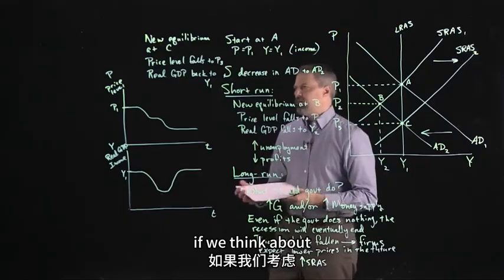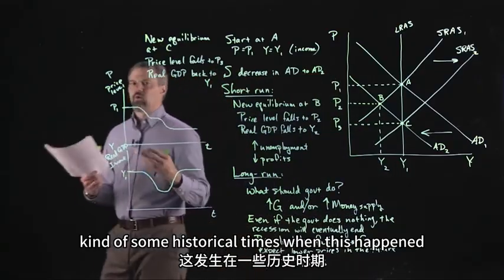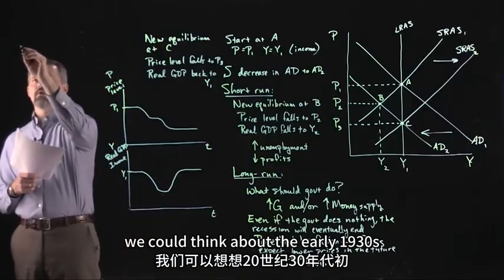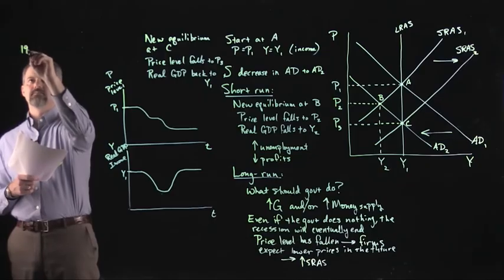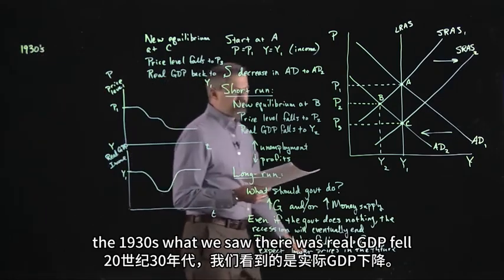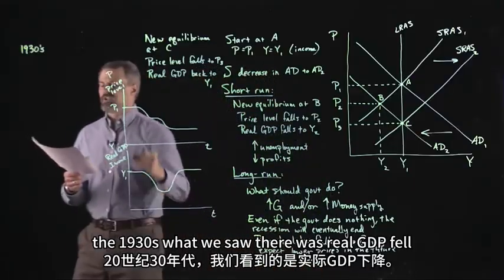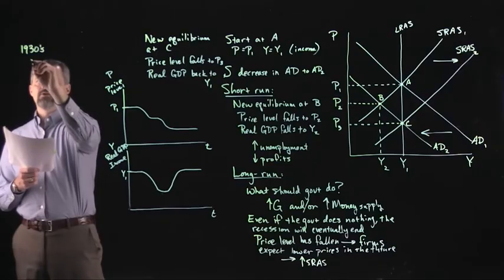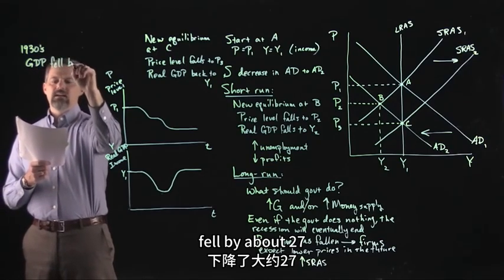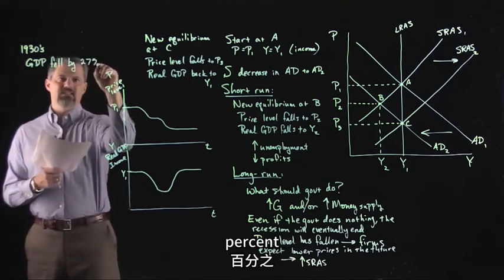If we think about some historical times when this happened, we could think about the early 1930s. So if we're thinking about the 1930s, what we saw there was real GDP fell by about 27%.